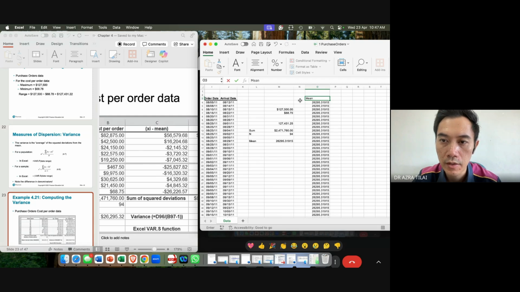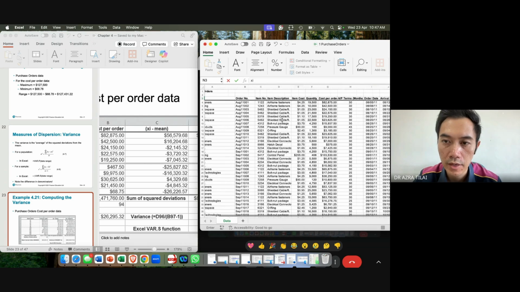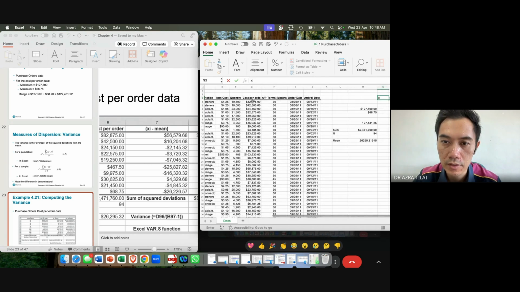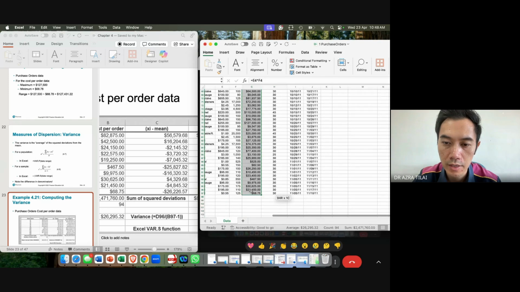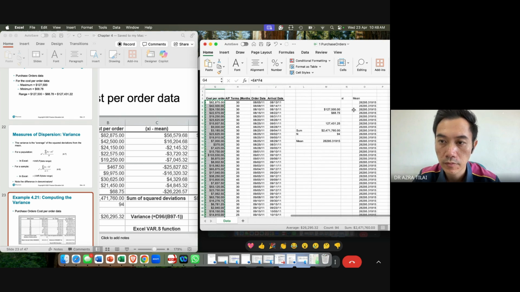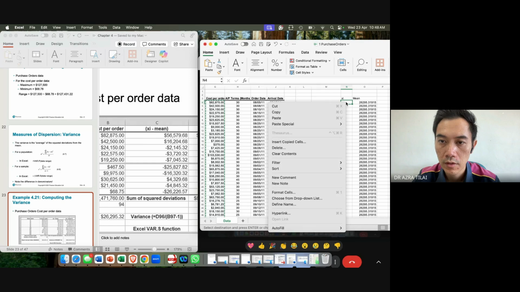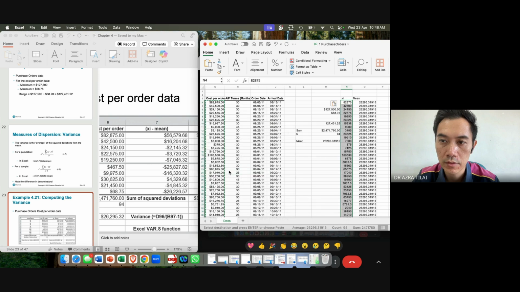And then we want the xi. These are all the xi. Copy, and also paste special values.